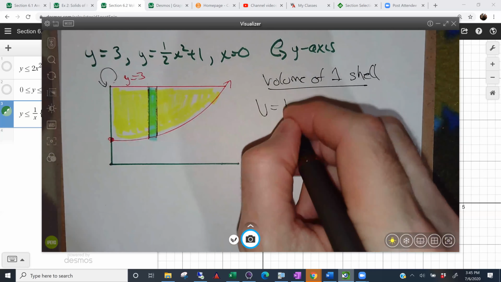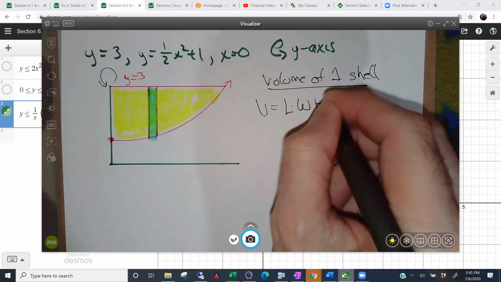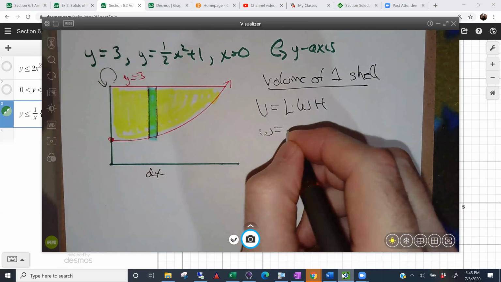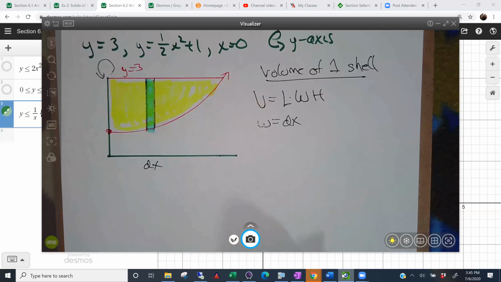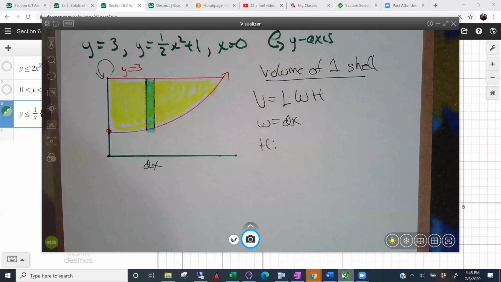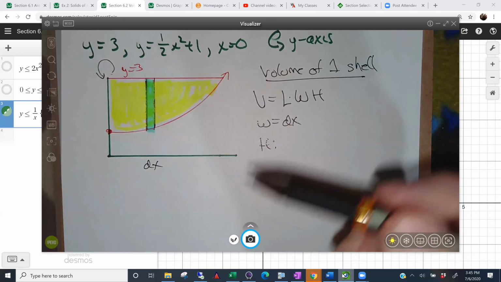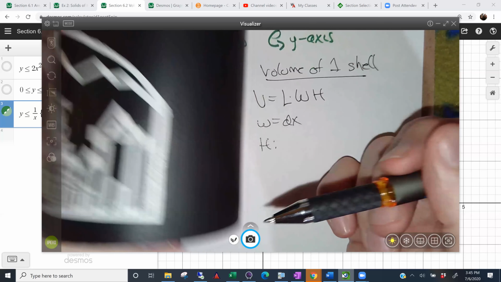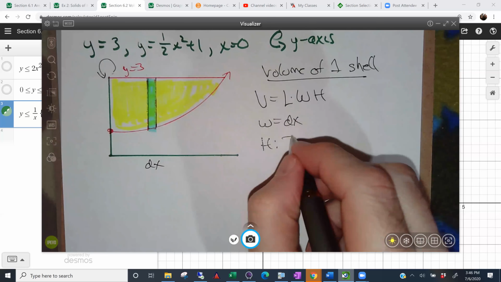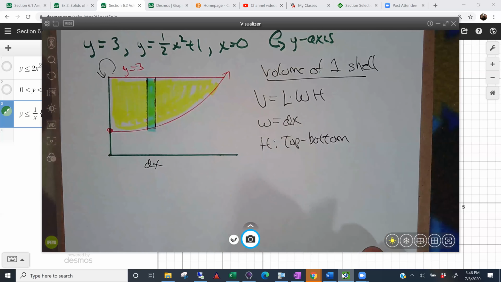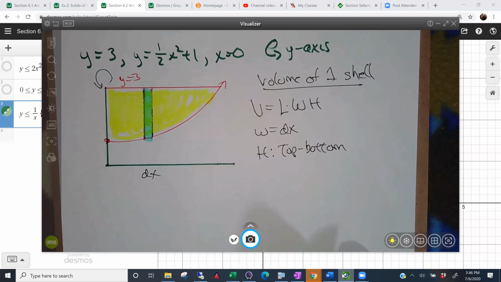Volume is going to be the length times the width times the height. And I think Nicole already gave us that the width is going to be dx. How about the height? Height is going to be how tall your shell is, so top minus bottom. Can someone give me an expression for that?